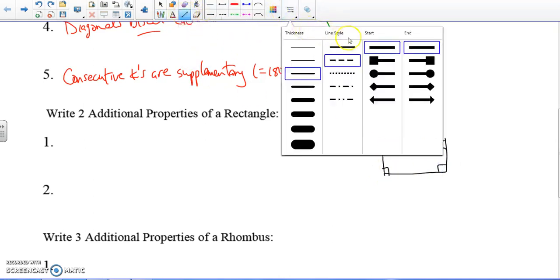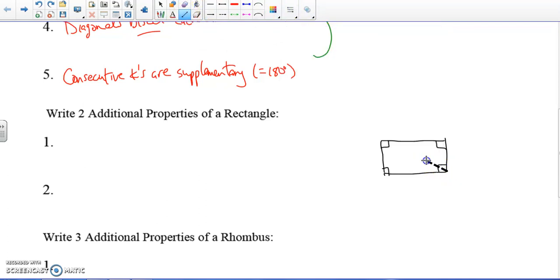The next thing we know, since this shape is perfectly squared off, not slanted over or tilted like the parallelogram, the biggest difference is that the diagonals are congruent. So we know those two cut each other in half, and these two cut each other in half, but they're also congruent, so all 4 of those pieces are congruent.